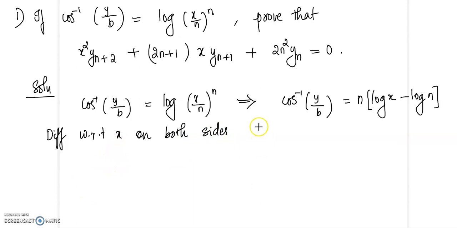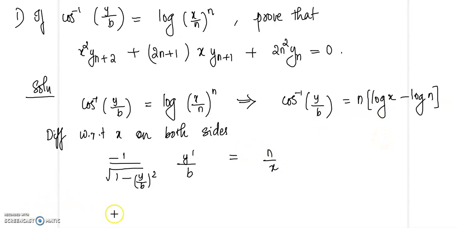So the derivative of cos inverse of y by b is minus 1 by root of 1 minus (y by b) whole square, and by chain rule the derivative of y by b will be y dash by b. On the right side you will have n by x. The derivative of n log n will be equal to 0.